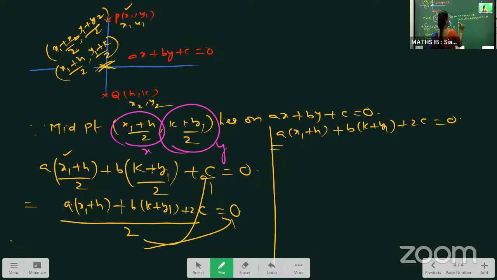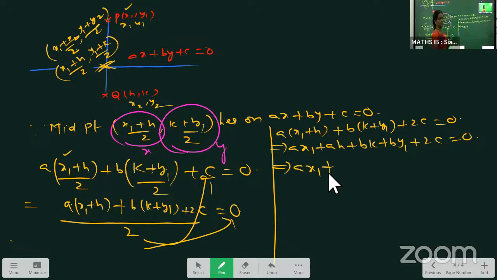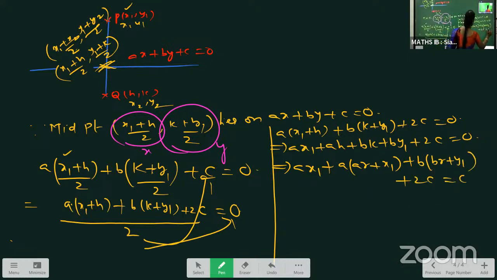Now, ax1 multiplying ah plus bk plus by1 plus 2c is equal to 0. Now, ax1, but what is h? Once you go through that previous paper, h is nothing but ar plus x1. Ar plus x1 plus b into br plus y1 plus 2c is equal to 0.